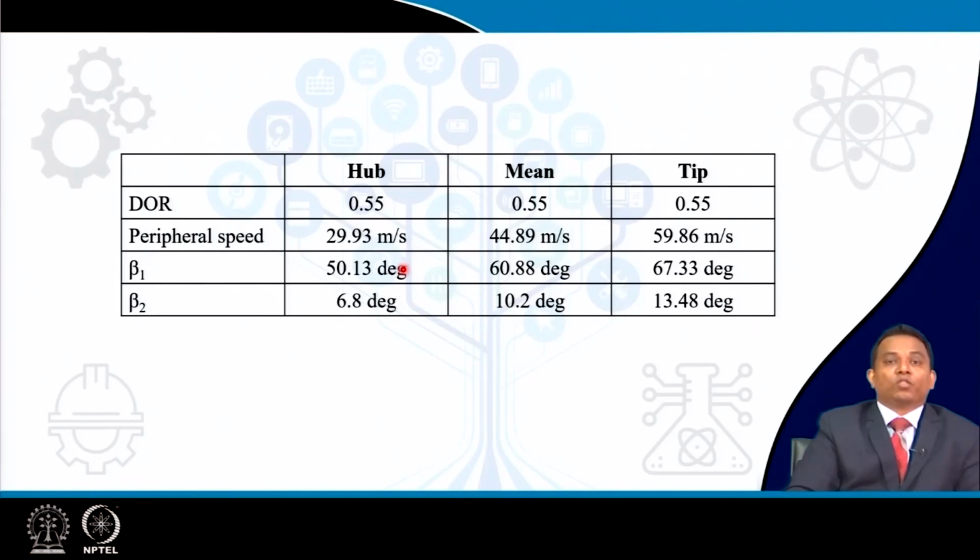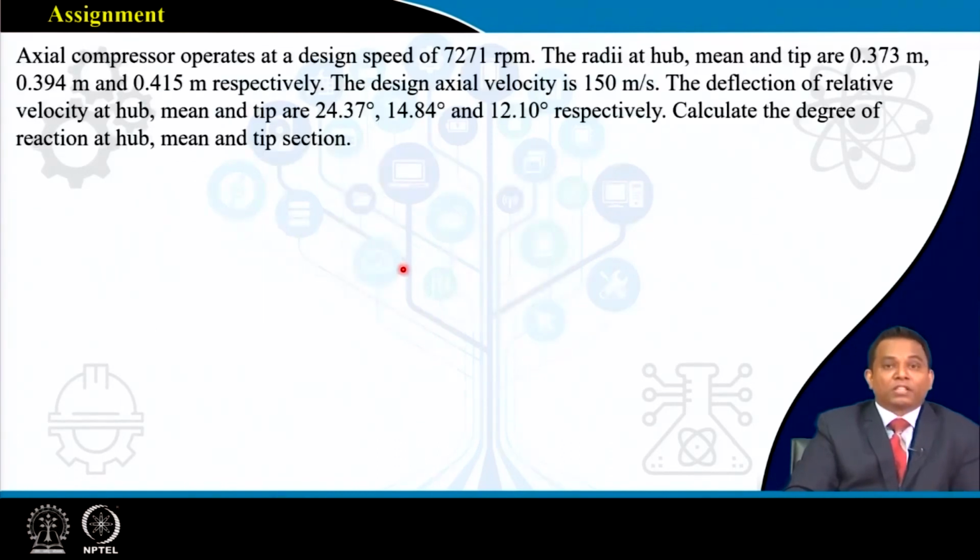So for assignment, take one example, let me discuss that. Say an axial flow compressor operates at a design speed of 7271 rpm. The radius at hub, mean and tip section are 0.373 meter, 0.394 meter and 0.415 meter respectively.